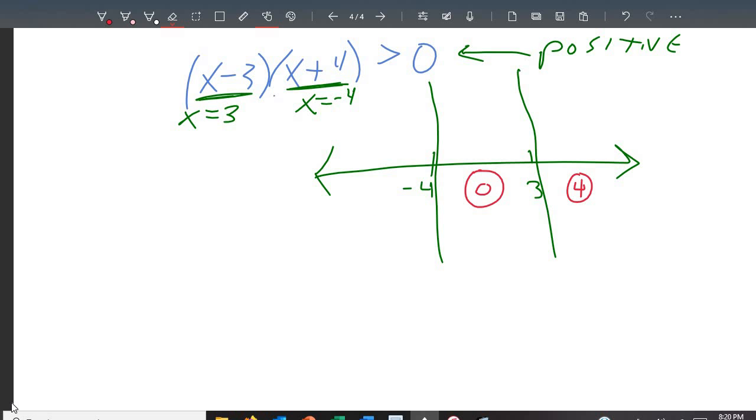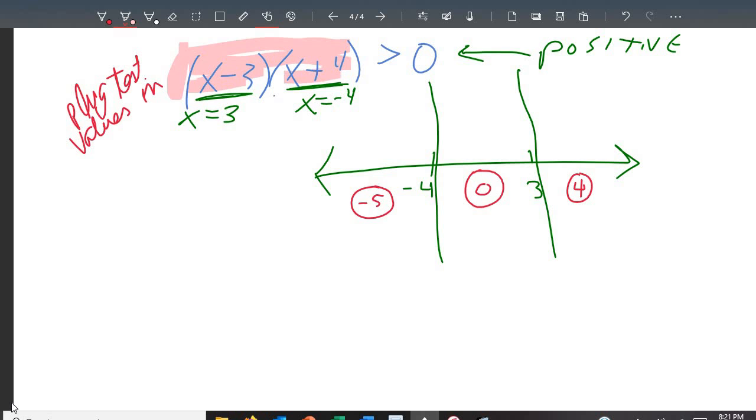Now, here's where the sign chart comes into play, why it's called a sign chart. I'm trying to determine if I get a positive or a negative number, hence the sign chart. What I'm going to do with these test values is plug them in right here, literally in the factored part.